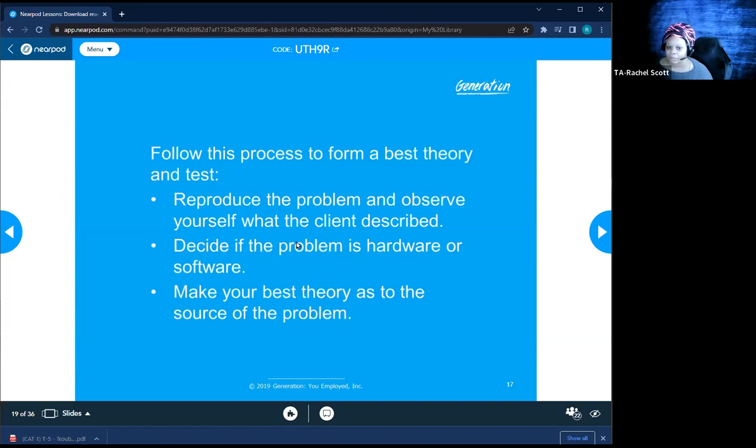And it's been my experience, I'm not going to say this is always best, but to me, it's better to have them reproduce it for you. Have them step through it and you watch them so you can see what they were doing when it happened. And maybe you can have a theory based on that.